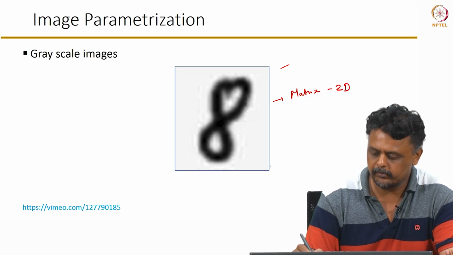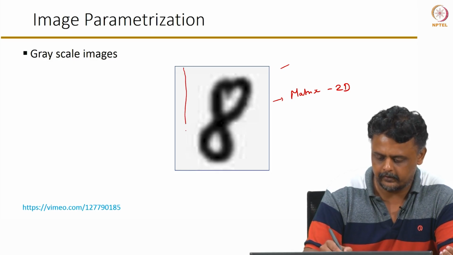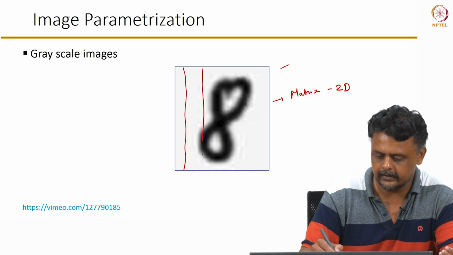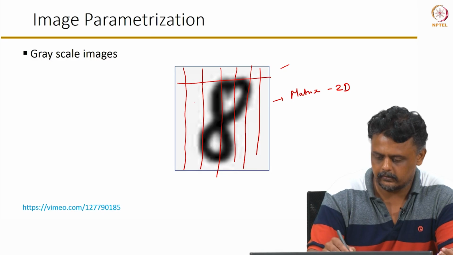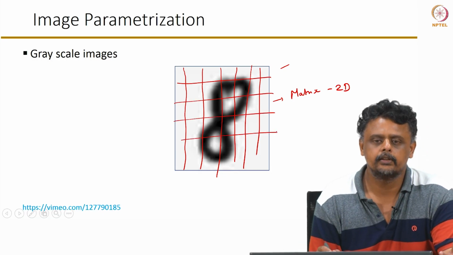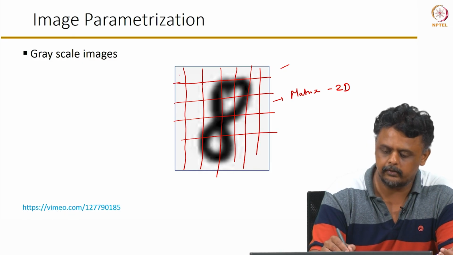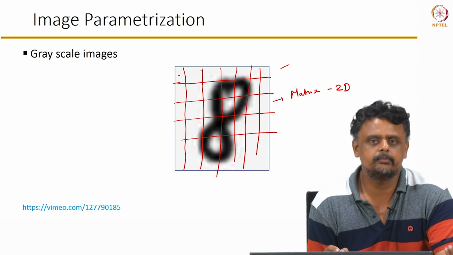So, this whole image is actually a 2D matrix, and you can think of it as like a grid, I can draw some crude grid like structures here, and it is a very coarse view of the image. So, to each grid point there is a numerical value associated with it. So, that is the pixel value.